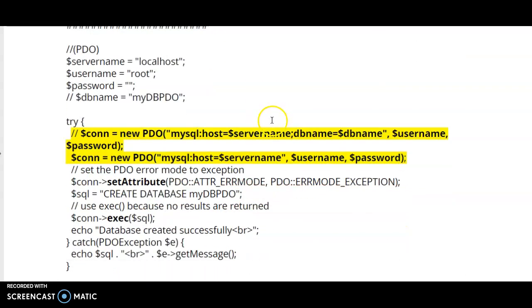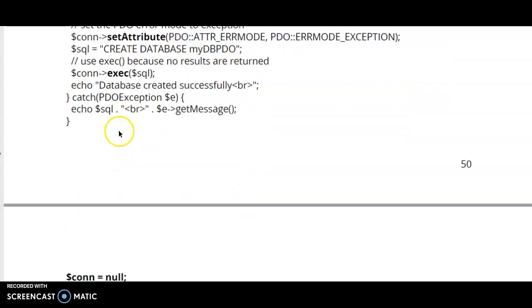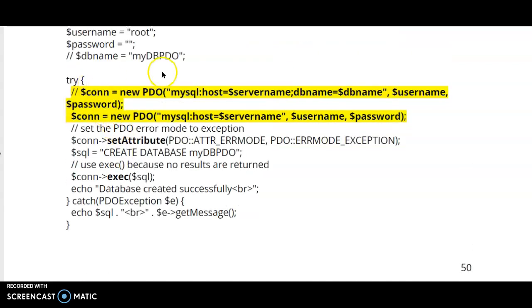Okay, and next, connection PDO: same server name localhost, username root, password if any, otherwise blank, DB name MyDB PDO. Okay. Here we use try catch for exception handling.